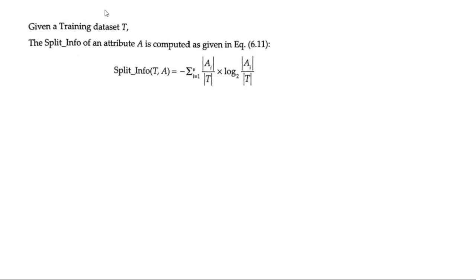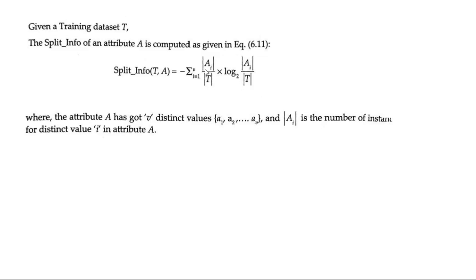Basically, suppose you have a training data set, let's say T, and the attributes are A. Then you can calculate split information for the training set T for a particular attribute A as minus of summation of Ai by T into log of Ai by T to the base 2. That's very important to note: this is to the base 2. Now what is Ai here?